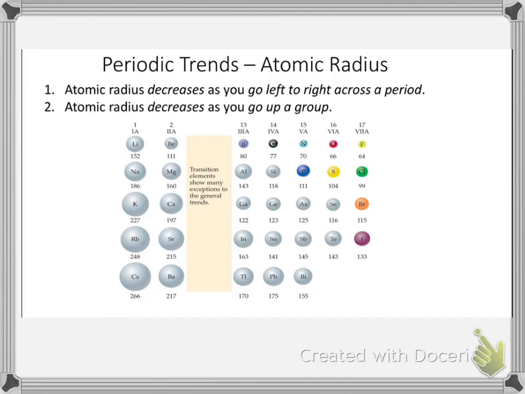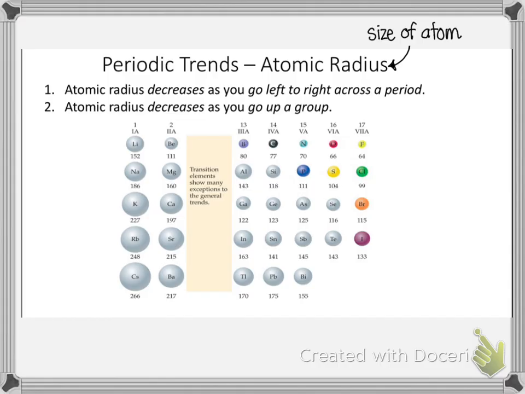So periodic trends. The first one is the atomic radius, and I like to say that what we're talking about is the size of the atom. In general, as you can see in this illustration, which only has representative elements, the trend across the transition elements is generally the same, but has some exceptions and is not quite as dramatic.